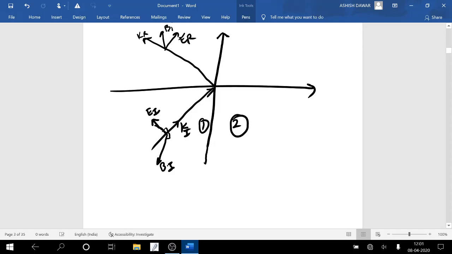This is B_R. This B_R component is not in the plane of the paper.